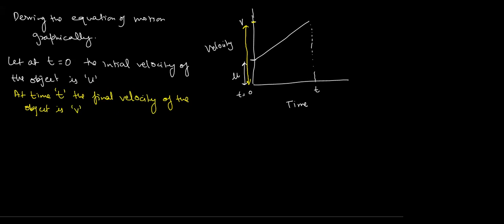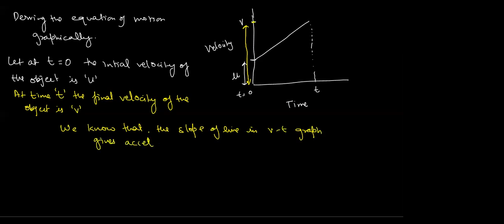Now we are going to derive that. We know that the slope of a line in a VT graph gives acceleration. And we know that the slope of a line in the graph gives you acceleration.